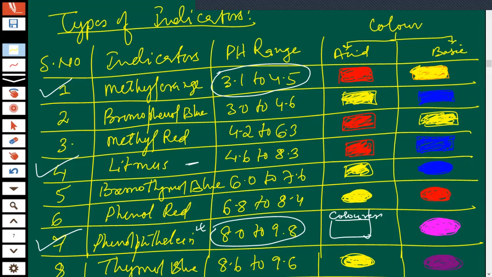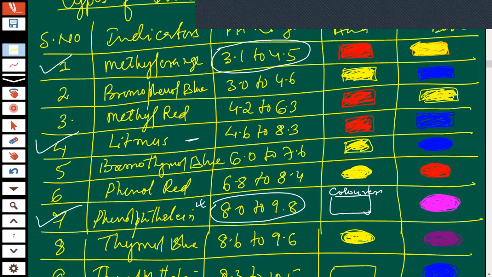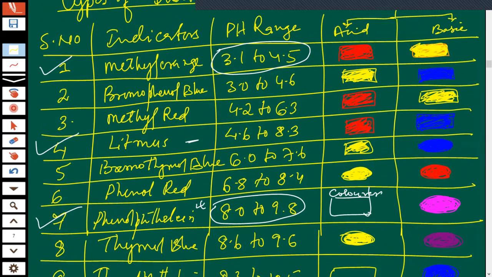But at this time, you have to know how many types of indicators are there, what their range is, and what their colors are. It is a little bit difficult to remember the colors, but try to understand and you have to learn it.